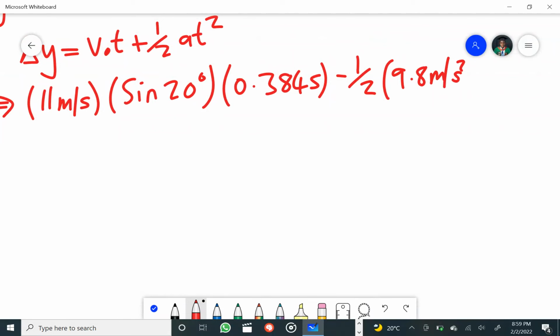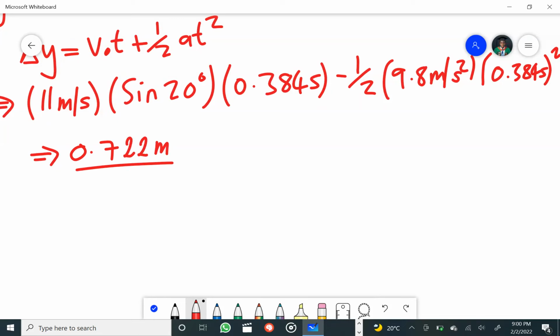Take note that I'm putting all the units, and then we also square the time, seconds squared. So what are we going to get? Doing all these things, we are going to get the value of 0.722 meters.